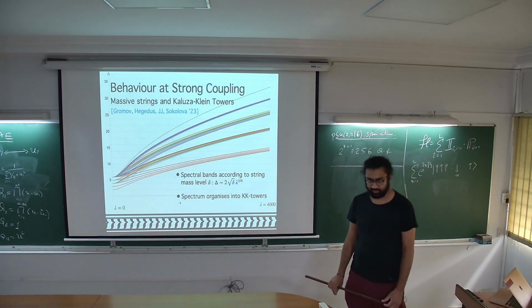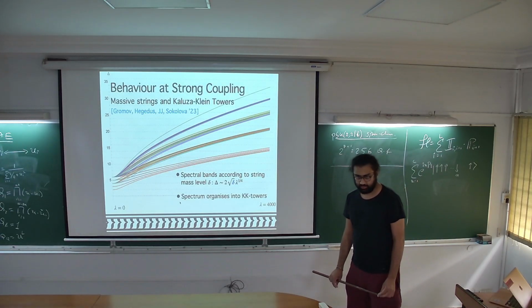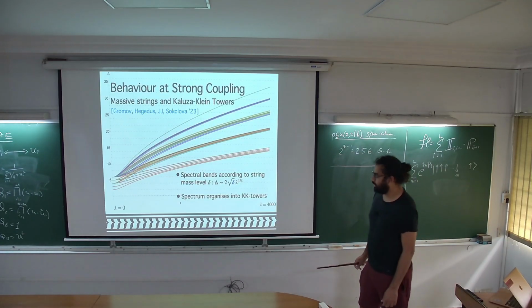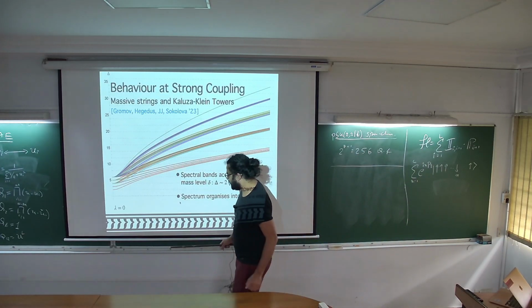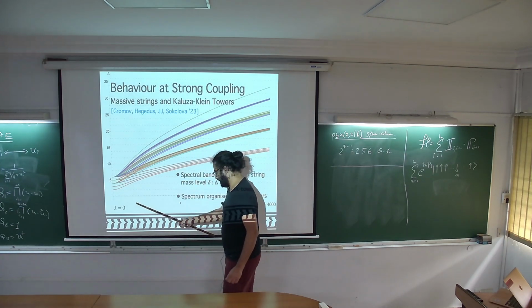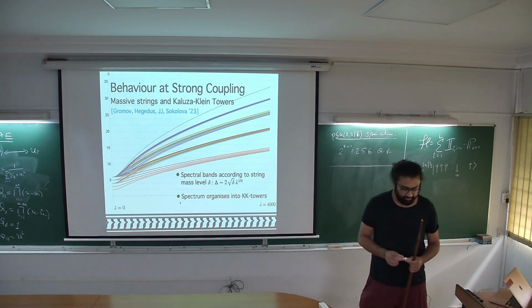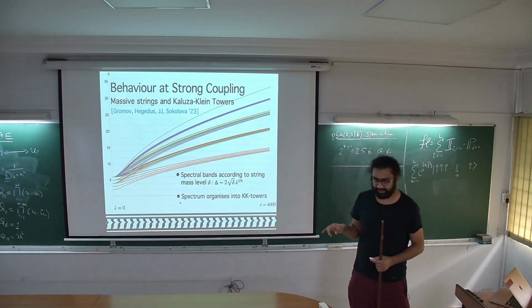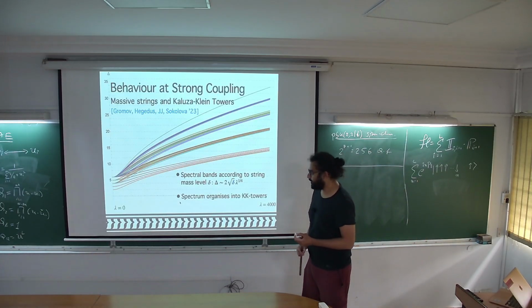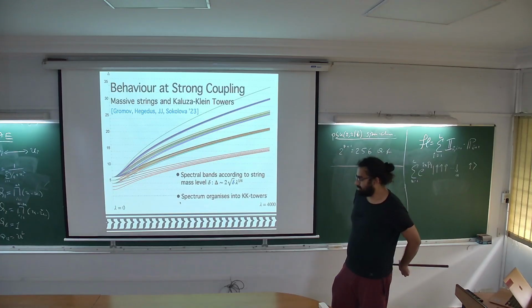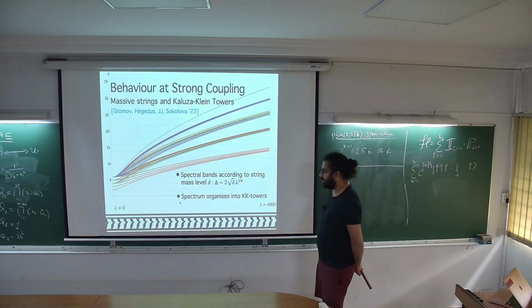Is there something special going on in this plot when you reach it? The finite radius of convergence should be at g equals 0.25, where g is the square root of lambda over 4 pi, so somewhere here. Is it when the first states cross or something?